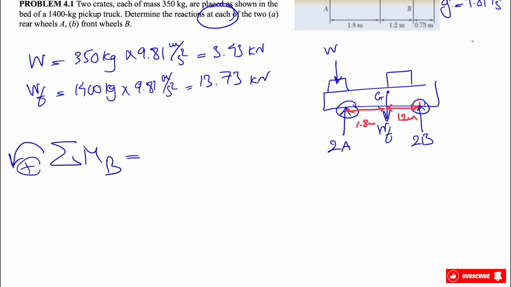So we have the moment of the weight of crate C. We'll have W, which we found 343, times the distance, and the distance we need here is the distance from B to here.